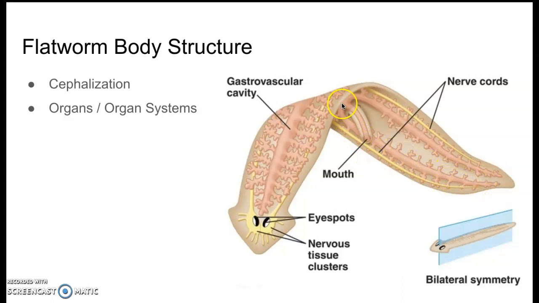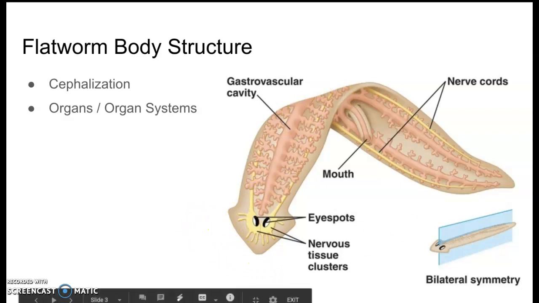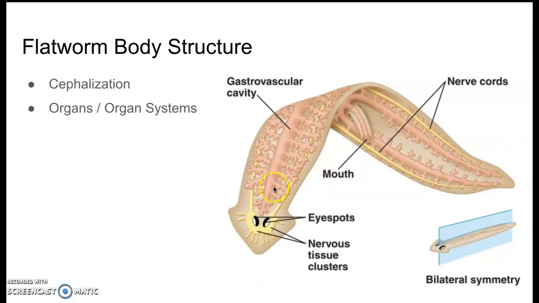I don't know if you notice here, there's two sides this cavity stems, but only one on the top, right? Remember, this is called the anterior, where the head is, and this is called the posterior. So in the anterior, you have the eyes and the head, but the mouth is in the posterior side of the flatworm.